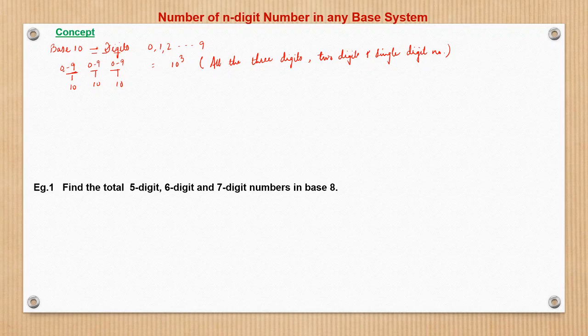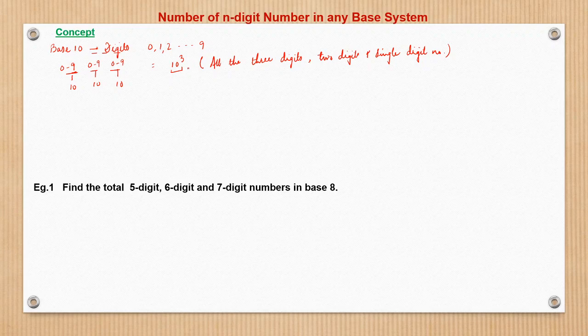This place can take the digits from 0 to 9, so a total of 10 count. Similarly, the tens place can take 0 to 9, which is again 10 count, and the units place can take 0 to 9, which is 10 count. So 10 into 10 into 10, the total number of numbers which are of three digits, two digits, or single digit, is nothing but 10 cube, which is 1000.